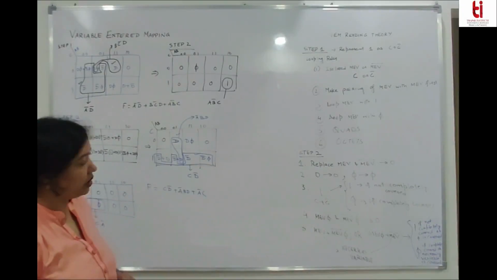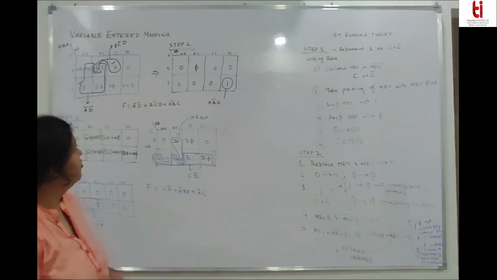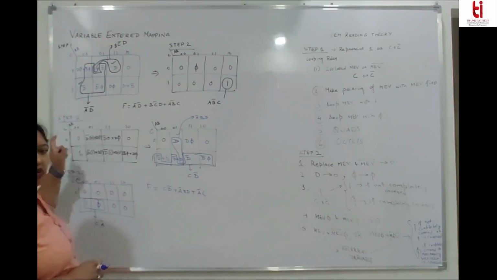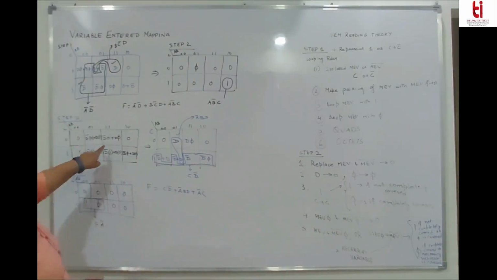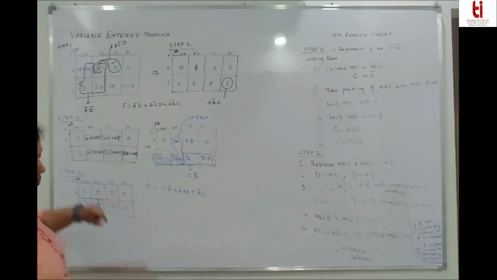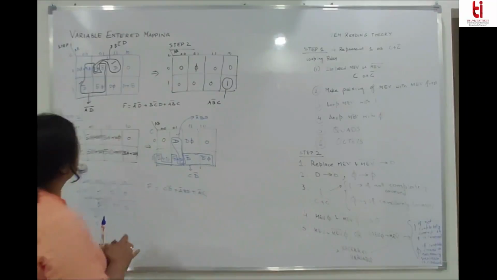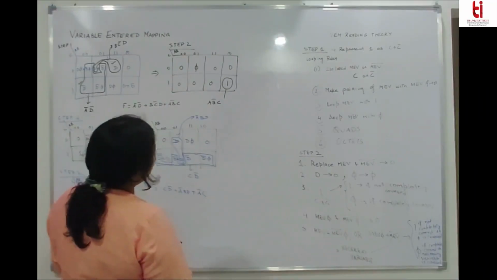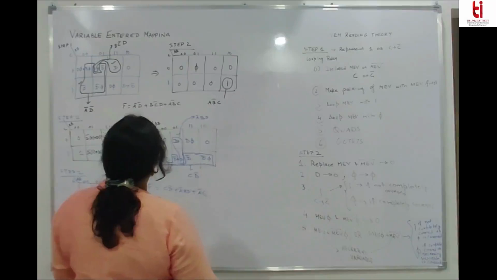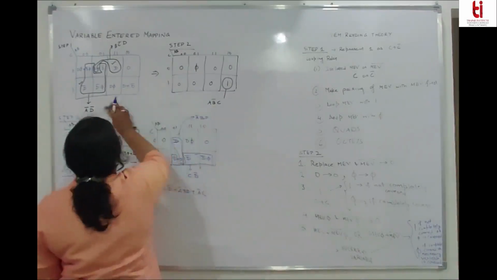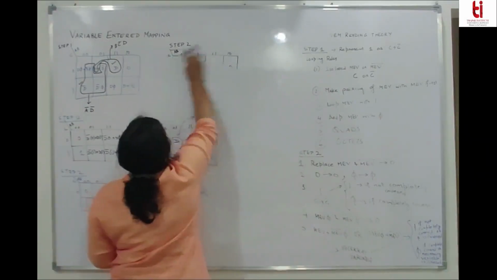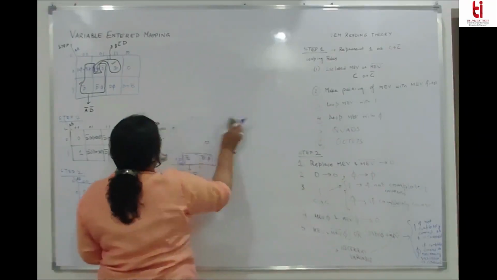This is how you can do it. There is no need to take the ABC variables here. You can take ABD, so C will come in between. Anything can be done. I can take an example for that. Let's take any 3 variable function.